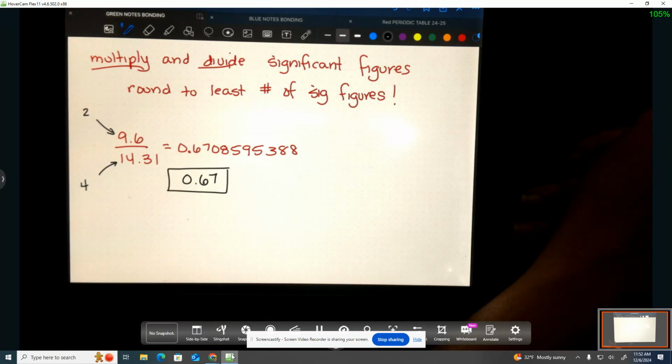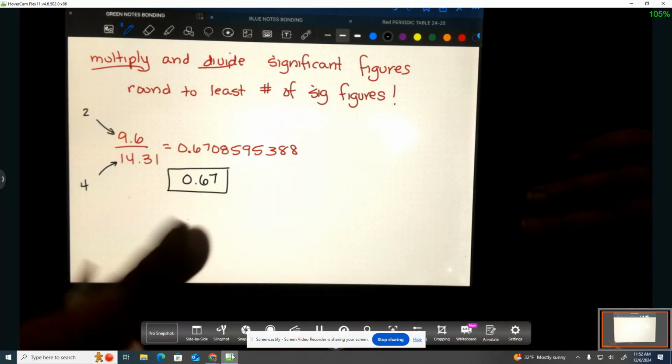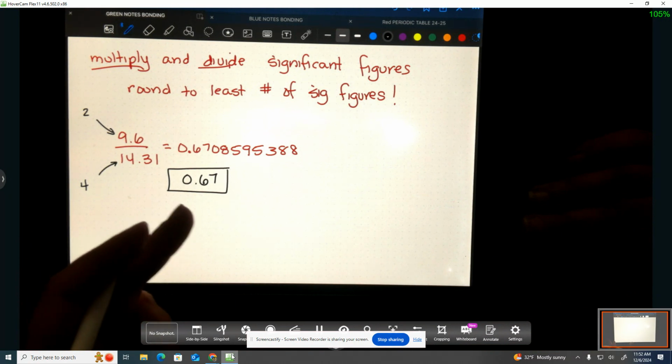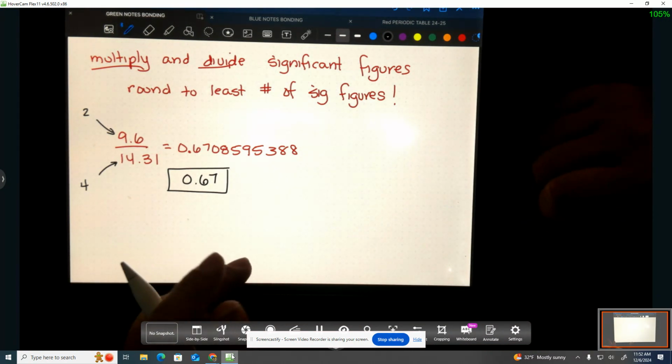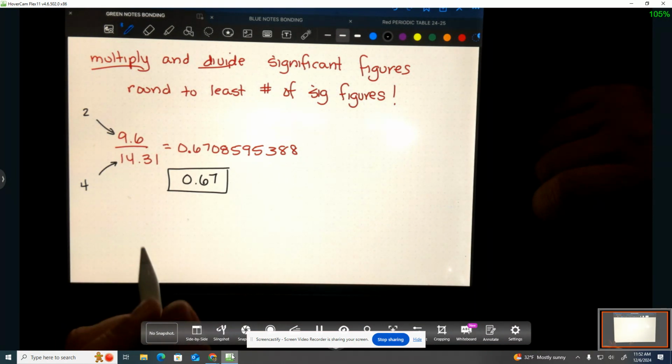Okay? That tells you where to round. So everybody who says, what do I round it to? That's the rule. When you multiply and divide, you need to round to the least number of sig figs. You said the zeros on the left don't count, so they still write them?